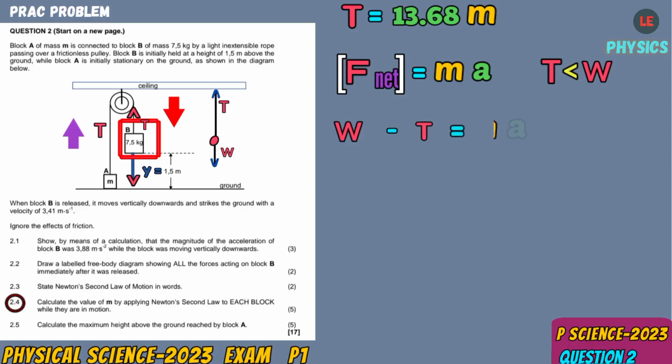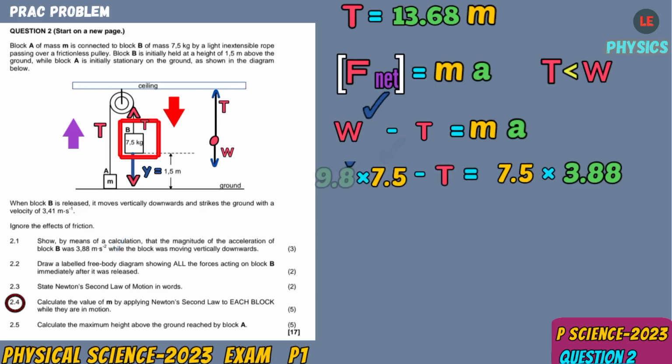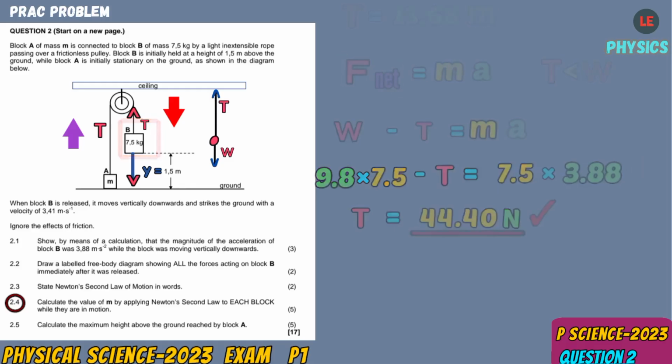All equate to mass of block B and acceleration of the system, which is this 3.88. Mass is 7.5, and the tension that is what we are calculating now. And weight is 7.5 times 9.8. By doing so, we get the value of tension is 44.40 newtons.